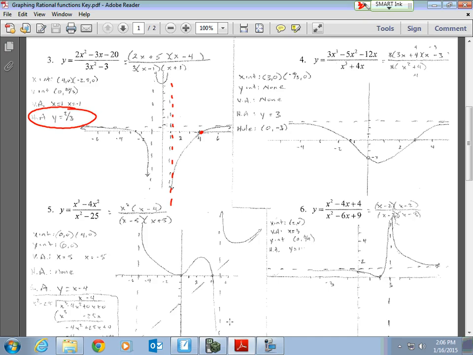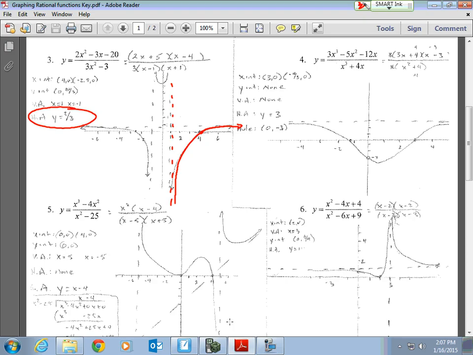The only way that can happen is if it comes up along the vertical asymptote, passes through, and now as x goes to infinity, it has to approach my horizontal asymptote. That is the definition of a horizontal asymptote: the line your graph approaches as x approaches infinity, when x gets really, really big.